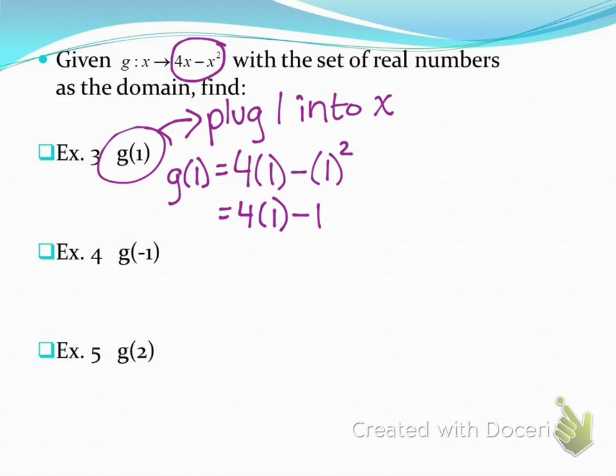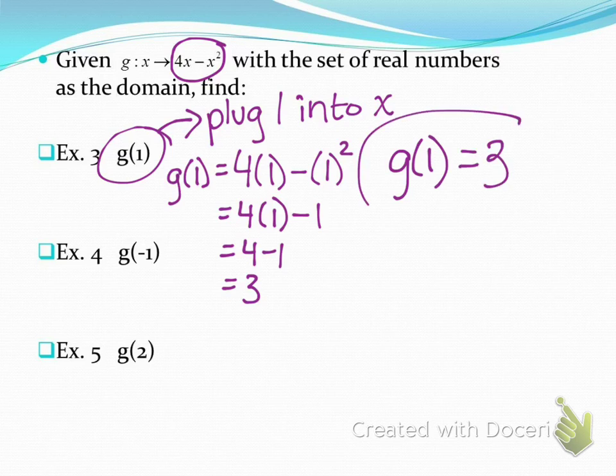What is 4 times 1? 4. And 4 minus 1 is 3. So g of 1, or g parentheses 1, equals 3. That's our answer. Did we all get that down? Because I clearly need to erase it in order to keep going.